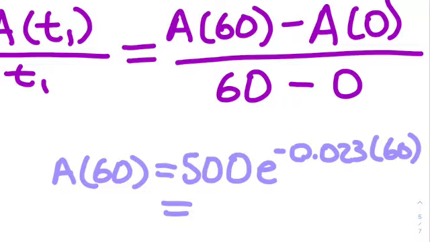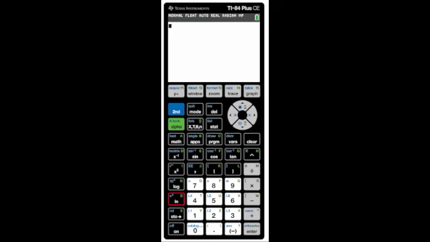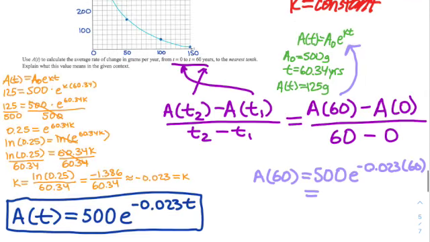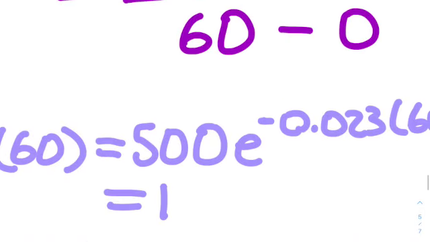When we plug that into the calculator, we get a value of 125.8, because we have to round to the nearest tenth. So 125.8.